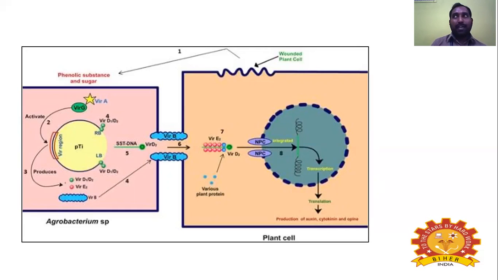So all this complex is in the Agrobacterium, and this Agrobacterium will easily transfer the genes into the host cells.